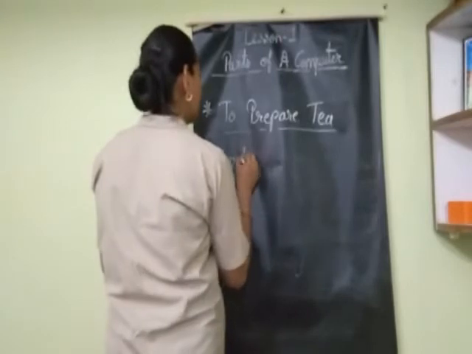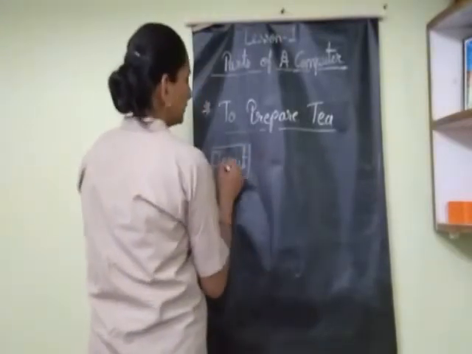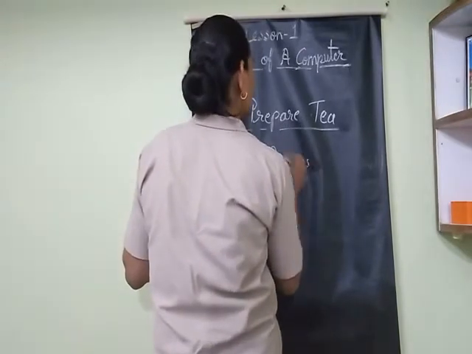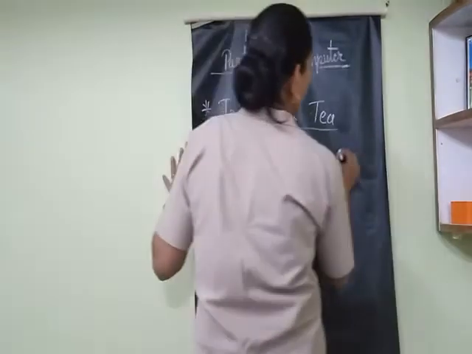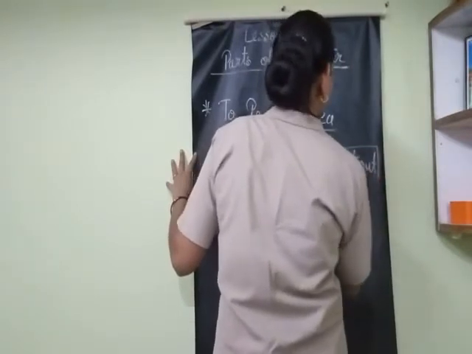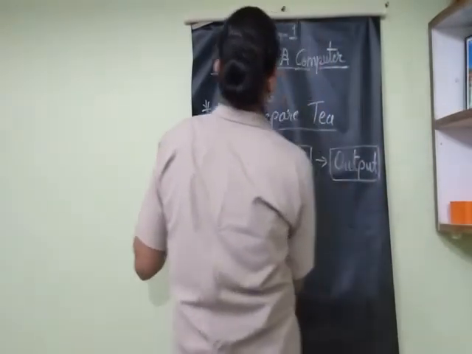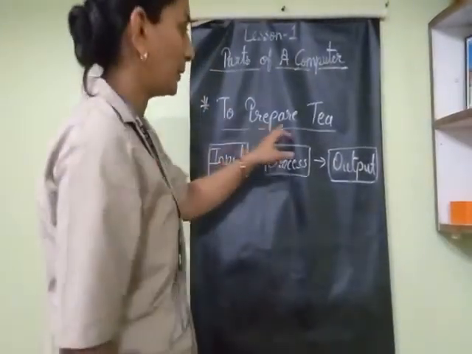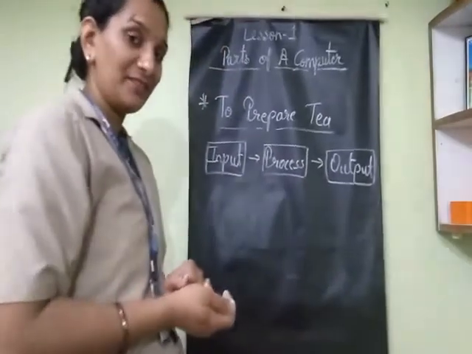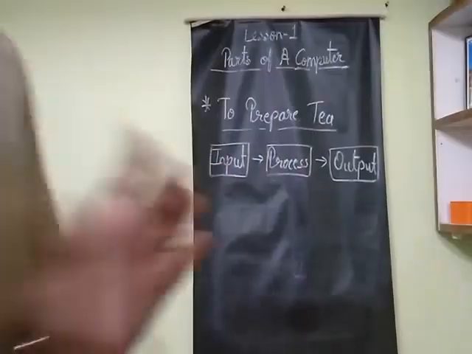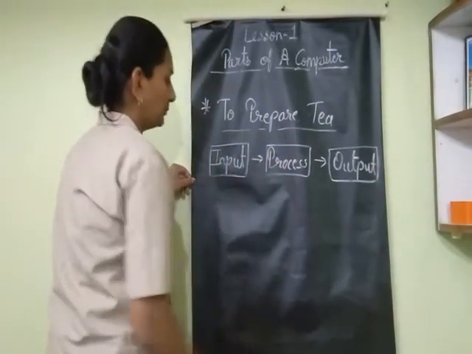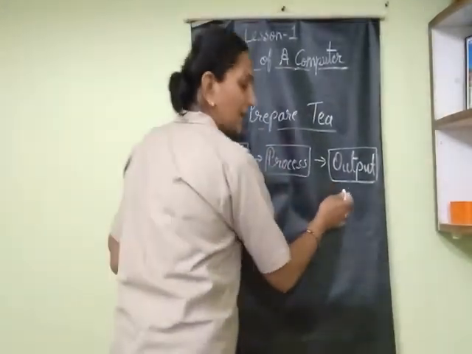Just think: input, process and output. Suppose we want to prepare a tea, then we follow this cycle. Okay. So students, for preparing a tea, we input first, then process it and then output.